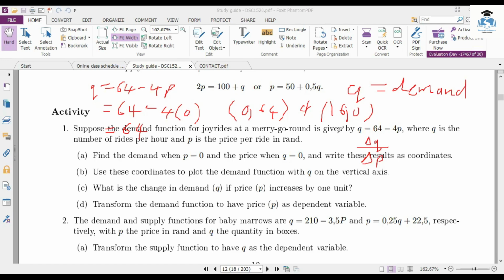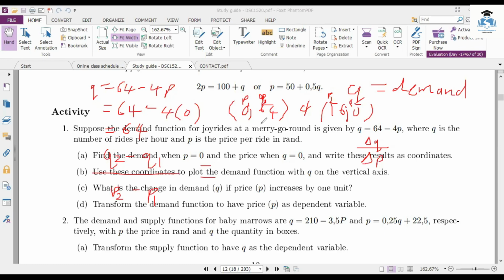So if you have got two coordinates, you name this one P1, Q1 and this one P2, Q2. Then if you want to determine the gradient, you say Q2 minus Q1 over P2 minus P1.